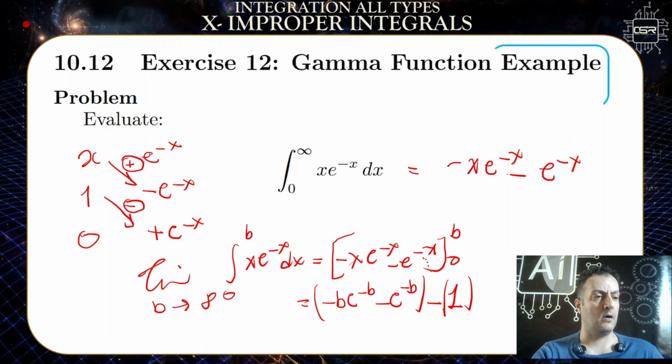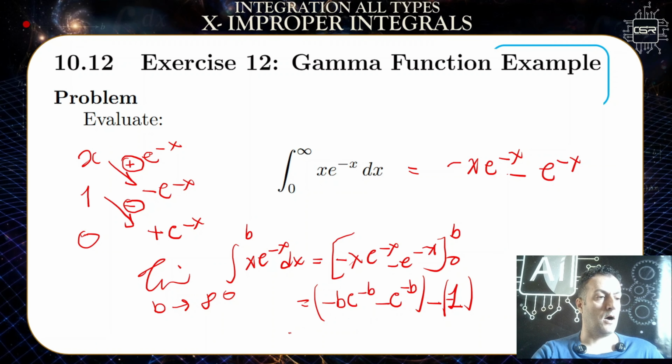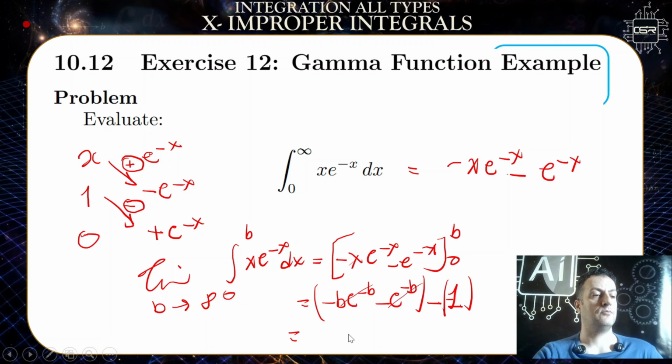Okay, you have minus on the outside, so minus minus 1, correct. Now, as b approaches infinity, e^(-b) becomes 0, and e^(-b) here also, e^(-infinity) is 0, so we are left with plus 1.